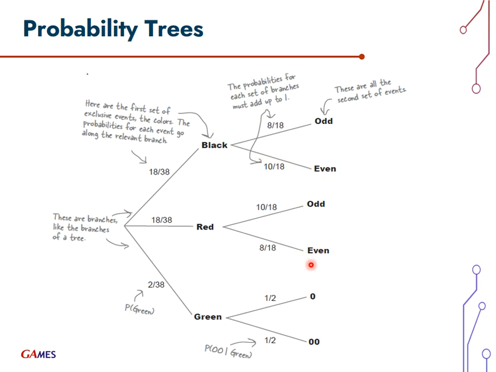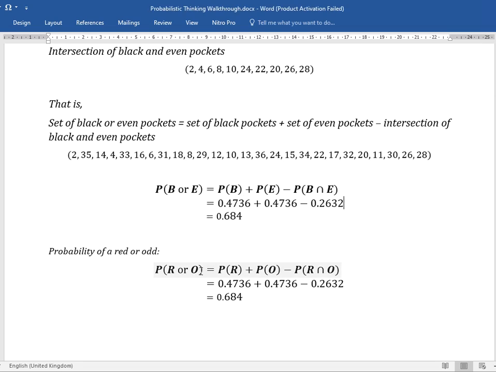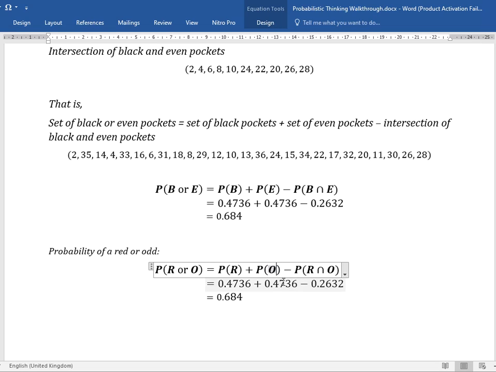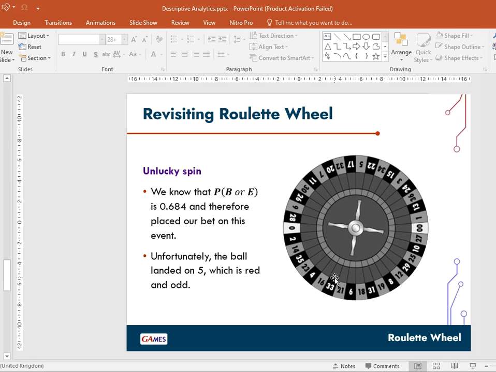A red or even will be less, because instead we'll be doing R and E. The probability of a red is this, the probability of an even is also this, but the probability of a red intersect even will be smaller, because now we have fewer elements for odd.